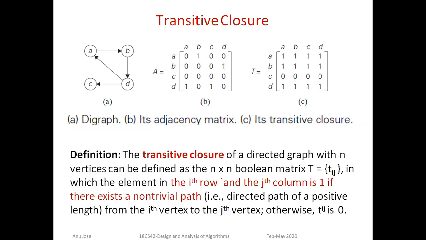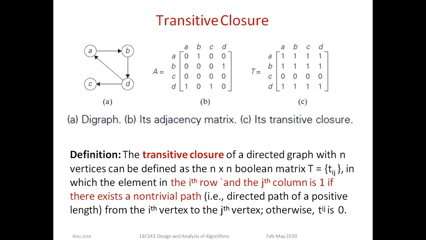Transitive closure of a directed graph with n vertices can be defined as an n-cross-n Boolean matrix T_ij, in which the element in the ith row and jth column is 1 if there exists a non-trivial path between i and j. Otherwise, the T_ij value will be 0. It is very simple.